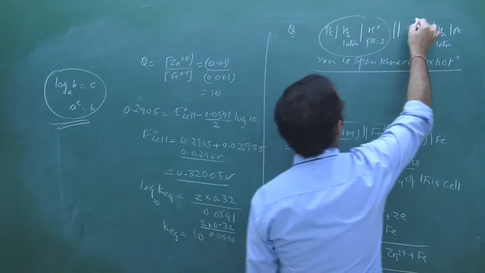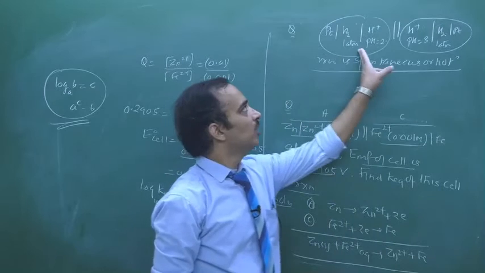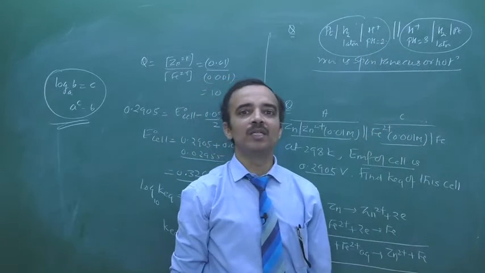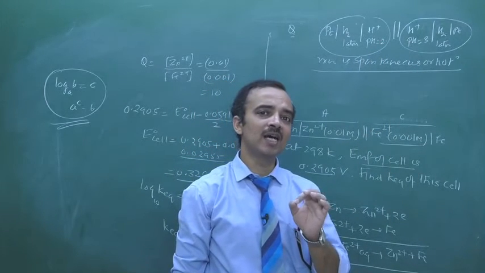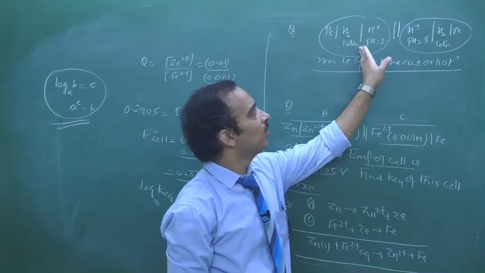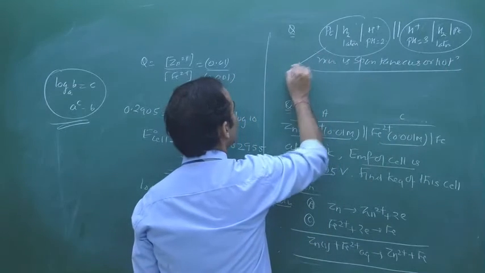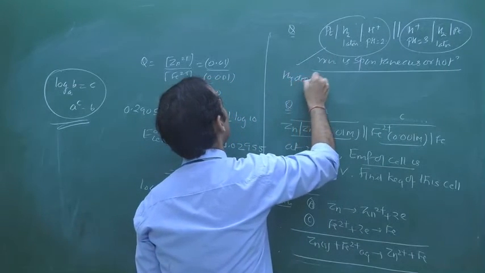The electrode on both sides is the same. The two half cells contain identical electrodes. Here also we have a hydrogen electrode. This is a hydrogen electrode.